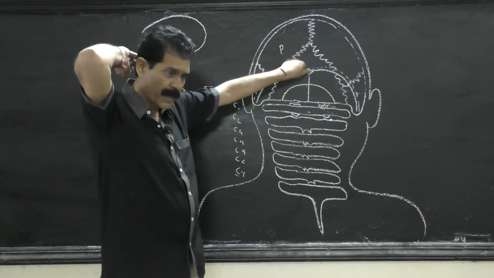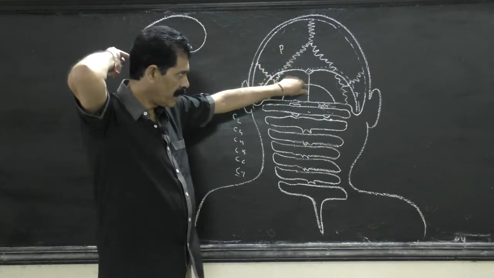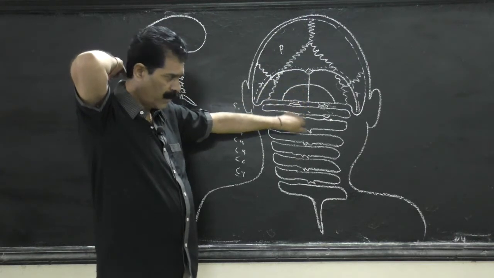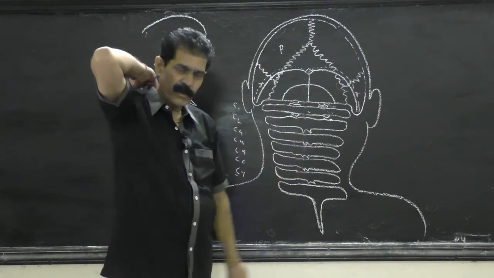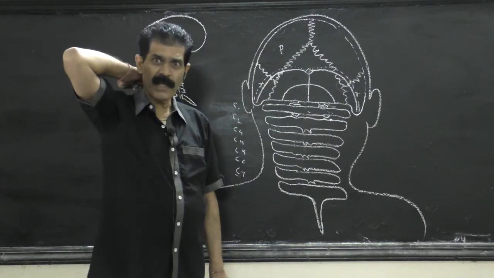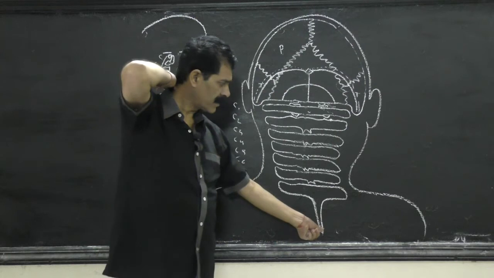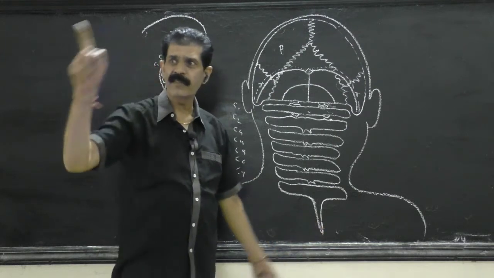Prominent, very prominent. Bring the middle of the finger downward, mid, down, down, down, you reach here. Is there a prominence? The bone is raised here, you are touching this spine, the tip of the spine of C7 is this.